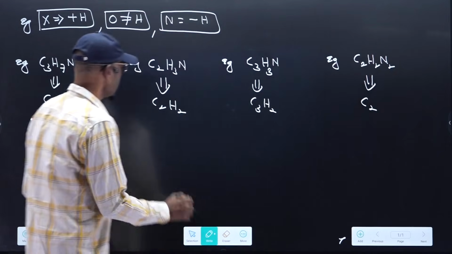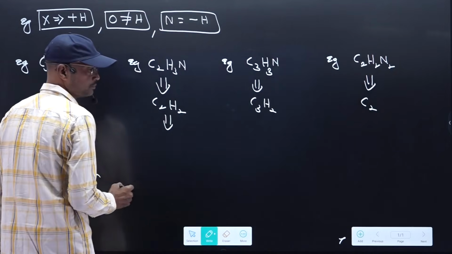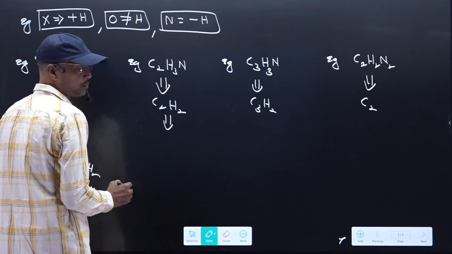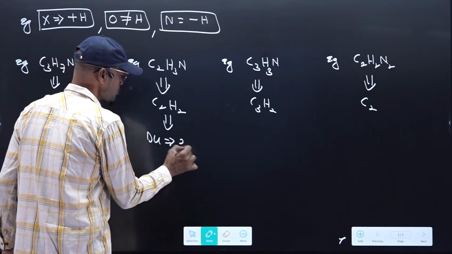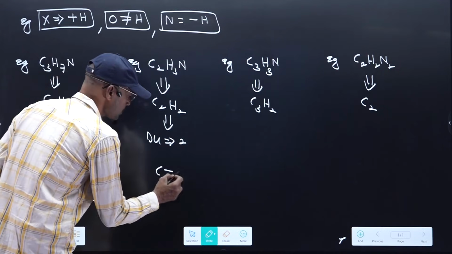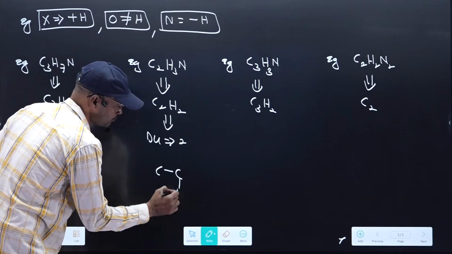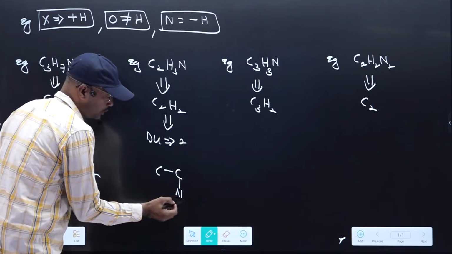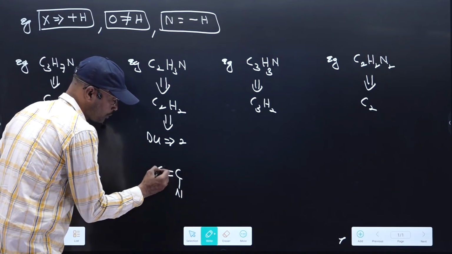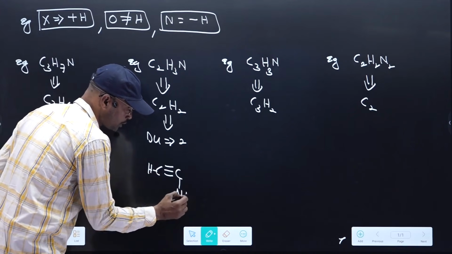Okay? Now calculate DU for this. What is the DU for this? Is it 2 or not? Very easy. Degree of unsaturation 2. 2 means 2 carbons, then 1 nitrogen. Right or not? So can I put a triple bond? You can put a triple bond, and here 1 hydrogen, here 2 hydrogens.